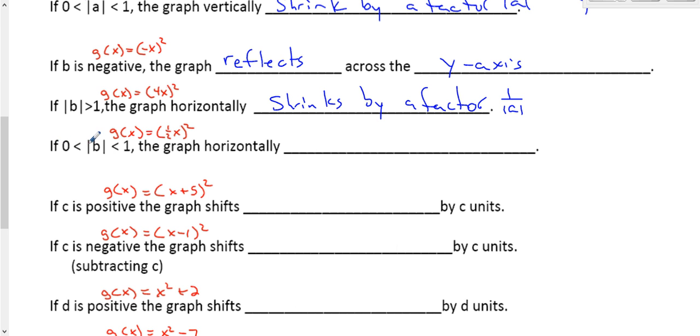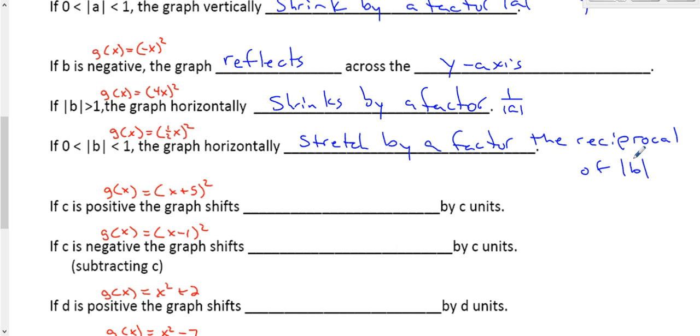If I have the absolute value of b between 0 and 1, like in my example here, 1/2, then the graph would horizontally stretch by a factor of the reciprocal of the absolute value of b.